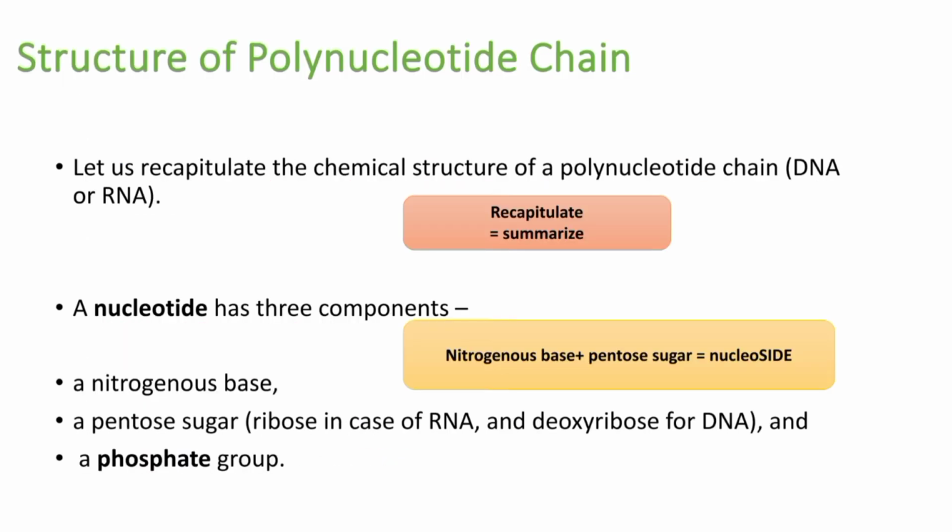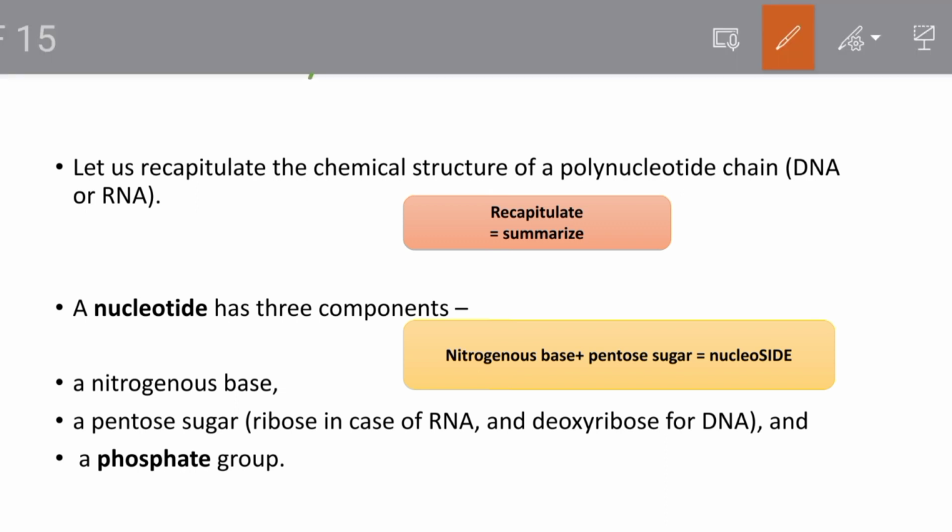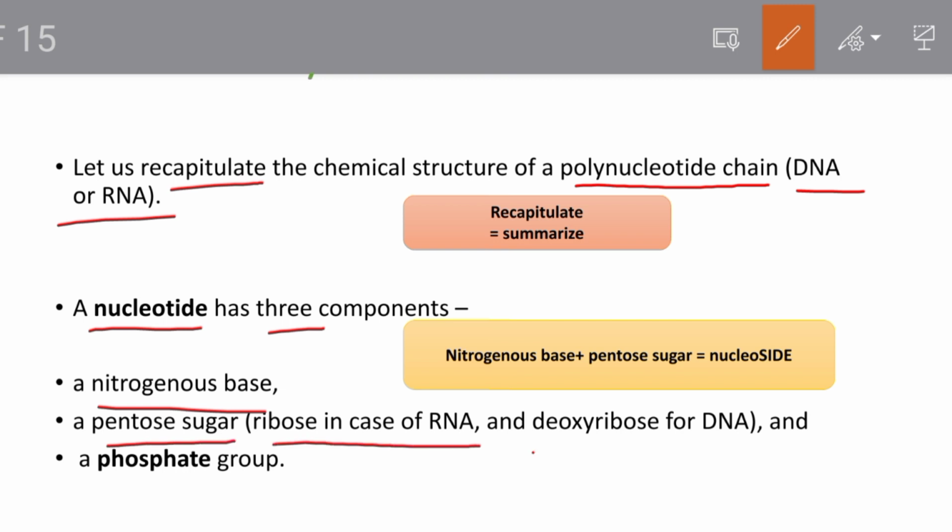Structure of polynucleotide chain. Let us recapitulate, means summarize the chemical structure of polynucleotide chain, DNA or RNA. A nucleotide has three components: a nitrogenous base, a pentose sugar, ribose in case of RNA, and deoxyribose in case of DNA, and a phosphate group.